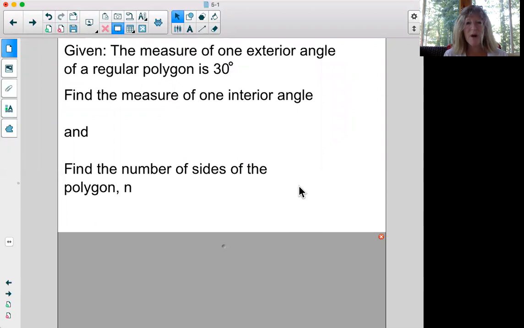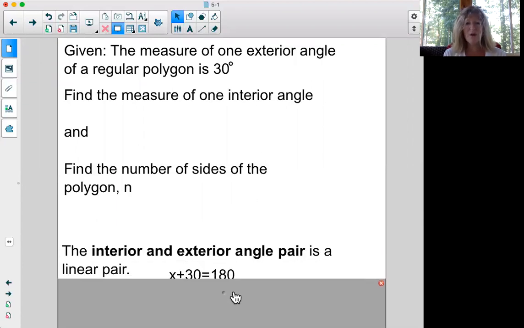Here's another practice problem. Pause, solve on your own paper, and then press play. If you're given that the measure of one exterior angle of a regular polygon is 30 degrees, what will the interior angle be? And find the number of sides. Well, the first thing you can do is know that the interior and exterior angle pair is always going to be a linear pair, so they're always going to be supplementary.